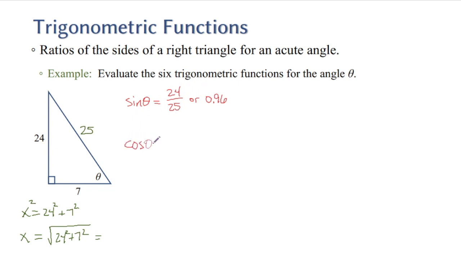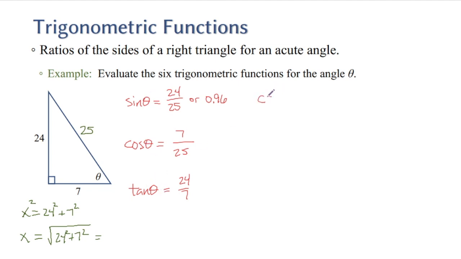Okay, so let's do the cosine. For the angle, it's the adjacent over the hypotenuse, so it'll be 7/25. And lastly, for the tangent of the angle, that's the side opposite divided by the adjacent, so this would be 24/7. So we have our main 3 original ones: sine, cosine, tangent. Now we want to figure out the reciprocals.